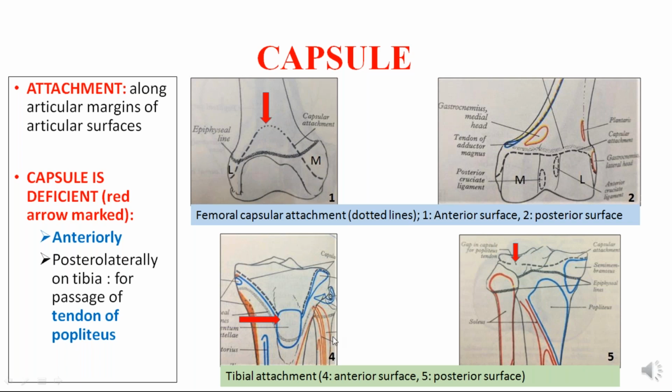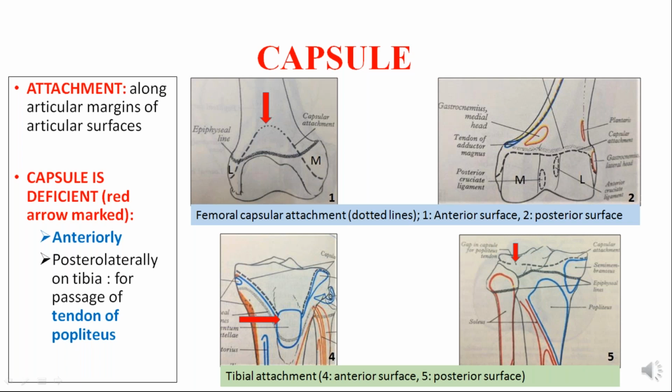There is one more gap, or deficiency, in the capsule, which is posterolateral, on the tibia. This is for the passage of the tendon of popliteus. So the tendon of popliteus passes out from this gap through the capsule. But the origin of popliteus, which is on the lateral aspect of the femoral condyle, is intracapsular.